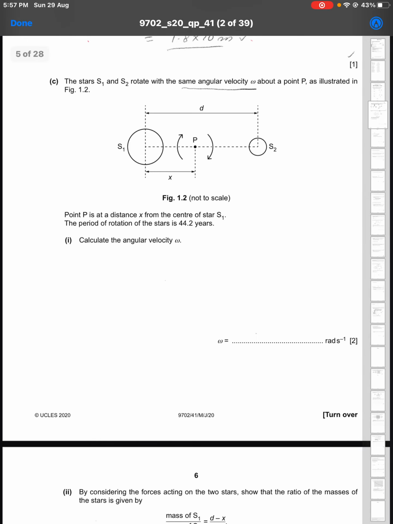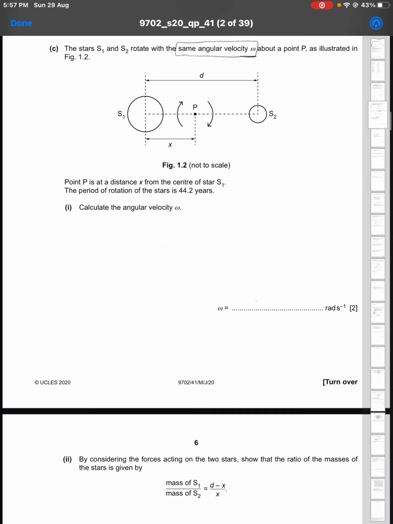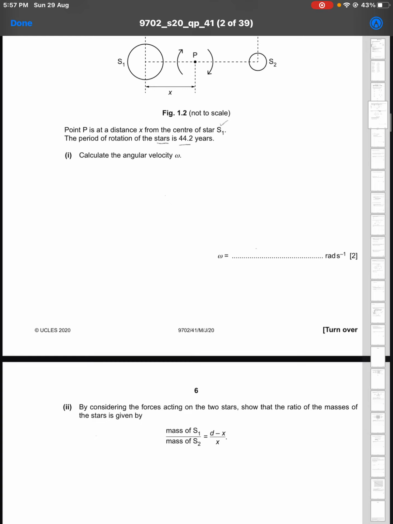The stars S1 and S2 rotate with the same angular velocity omega. Very important point, it will help you a lot in the coming part of the question. The point P is at a distance x from the center of S1, and the period of rotation of the stars is 44.2 years. Find omega. So time period is given, omega is to be found. Omega is equal to 2 pi over T, 2 pi divided by 1 complete rotation.